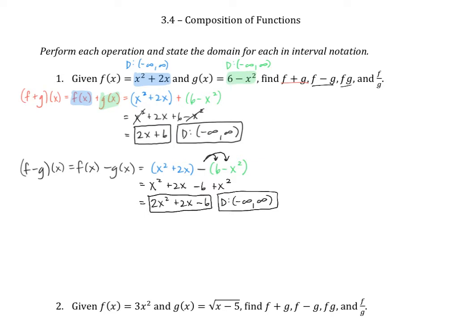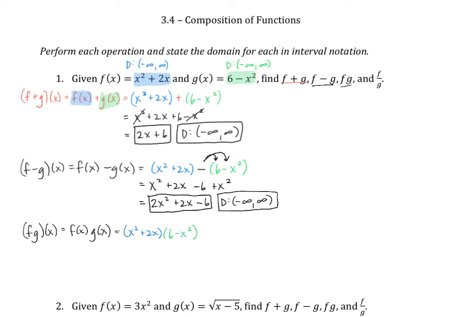Now we're looking at f times g. So the product f times g of x is the same as f of x times g of x. So f of x is x squared plus 2x and g of x is 6 minus x squared.